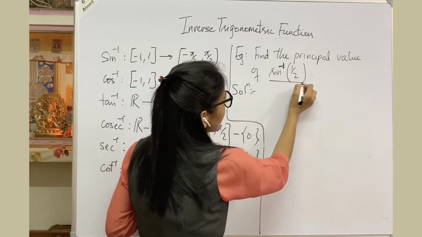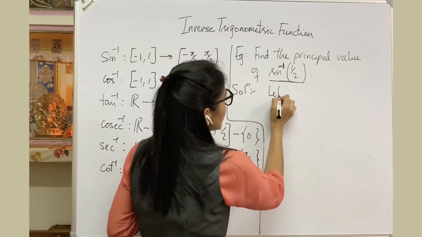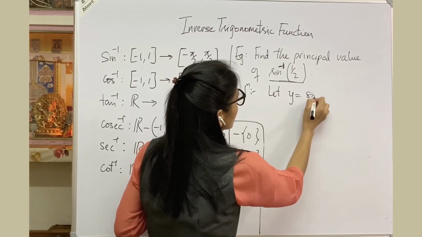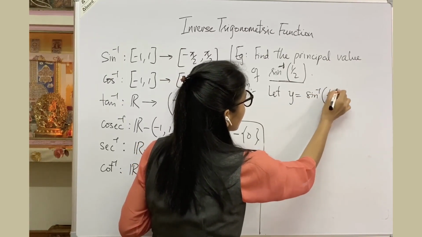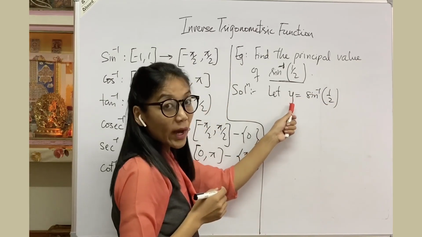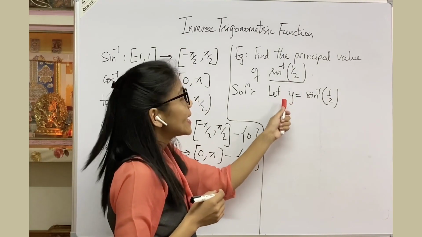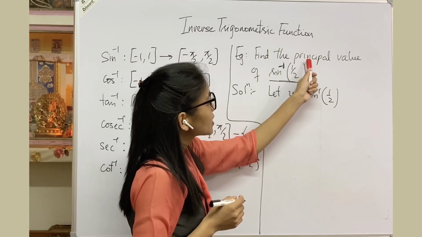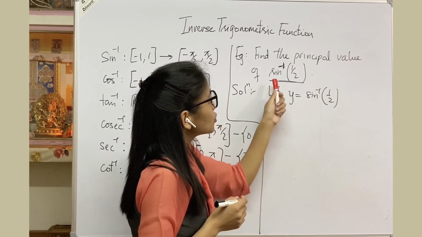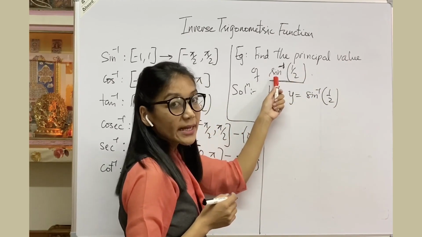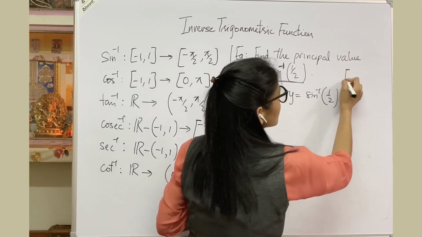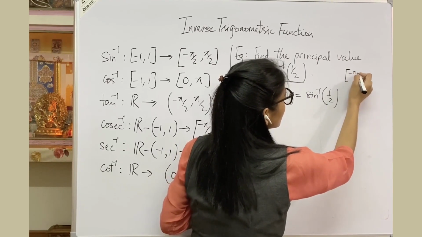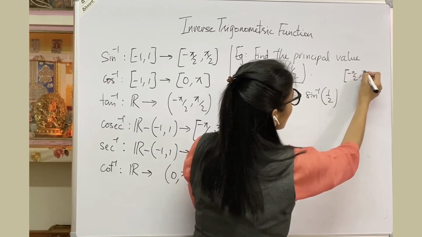Since I have to find this value, I will write let y equal sine inverse of half. We are asked to find y. And you are asked to find the principal value, which means you have to know the principal branch of sine inverse, which you can write on the rough side, that is closed interval negative pi by 2 to pi by 2.